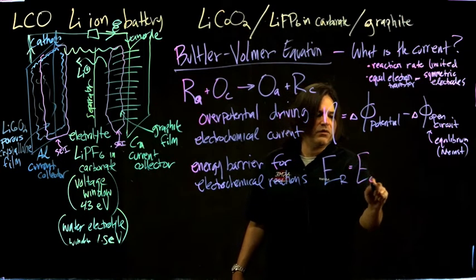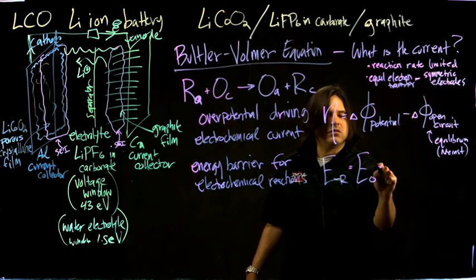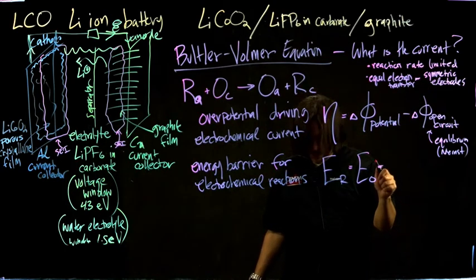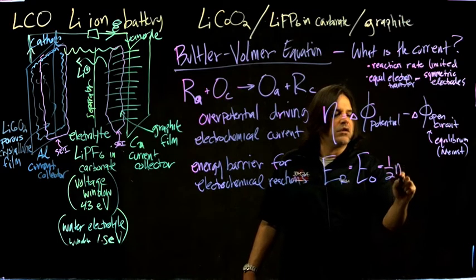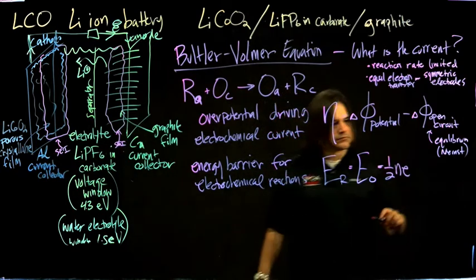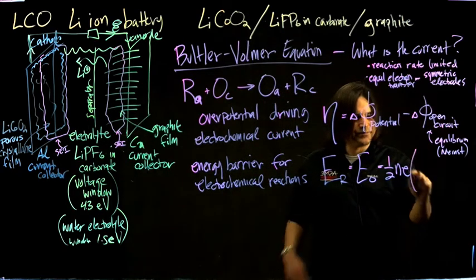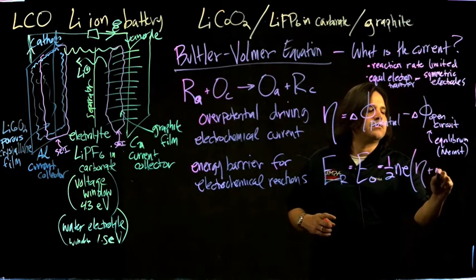For the cathode, it will be EO. And they're the same. It's a symmetrical system. We can relate that to the number of electrons transferred in this reaction. It's the same, they're symmetrical. And to the overpotential.